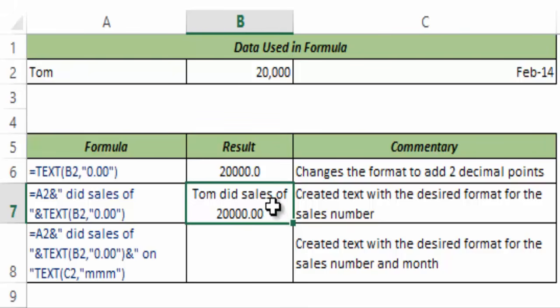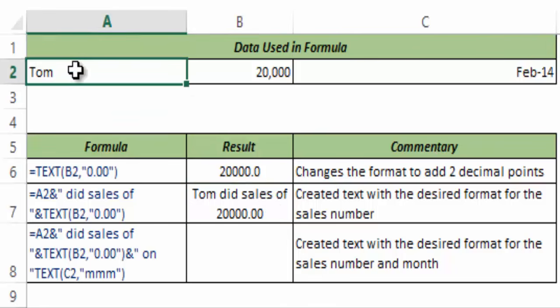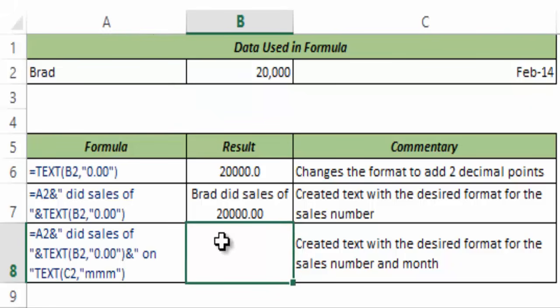You can do this using custom number formatting as well, but the TEXT function gives you a very easy way to do this, and this is very customizable. You can change the name here from Tom to Brad, and this would change automatically. Again, let me show you how to use TEXT formatting to create long sentences.